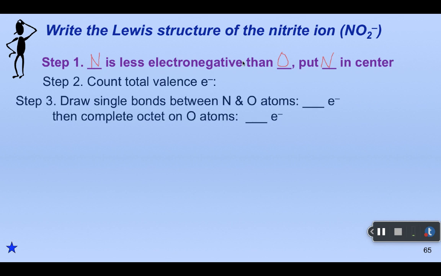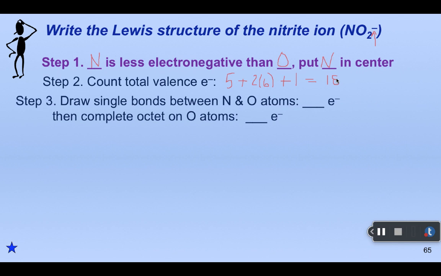So what will we have? Nitrogen has 5, and we have 2 oxygens, each oxygen has 6, so 2 times 6 is 12 plus 5, and that's 17, but we need 1 more extra for the charge, and so that is a total of 18 electrons.